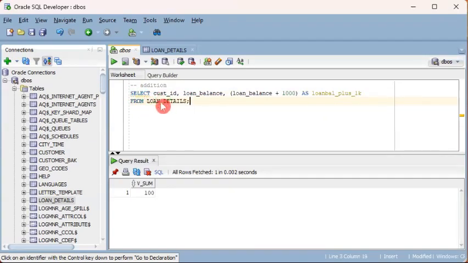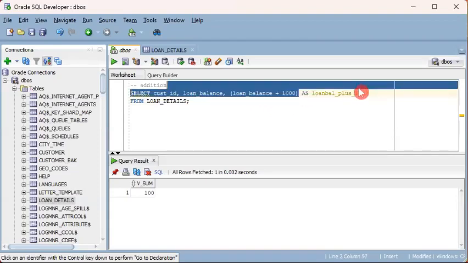I'm querying the columns cust_id and loan_balance, but the third column is not a real column in the table itself. It is an expression doing a mathematical computation, which adds the value of 1,000 to the numeric value of loan_balance.